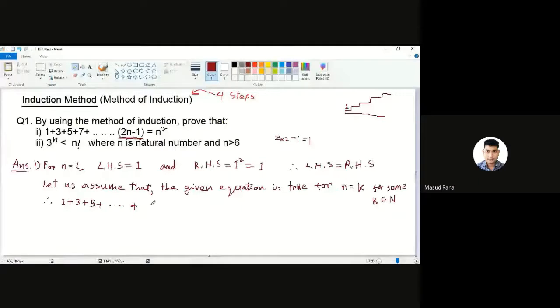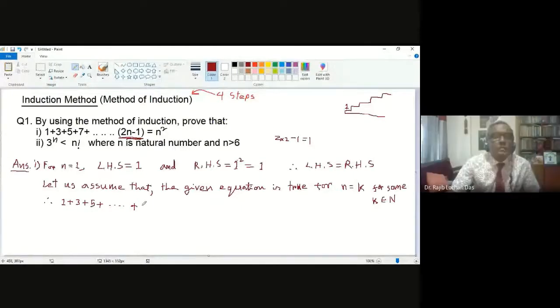Sir, n minus 1. No, why n minus 1? Because you are putting n equal to k, then this is the last number every time. It is 2n minus 1. Every number is like that. So the last number will be 2k minus 1.